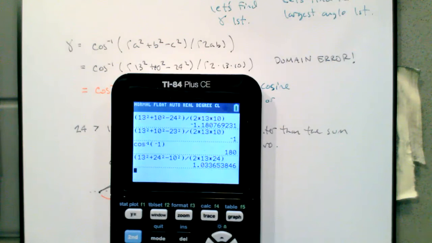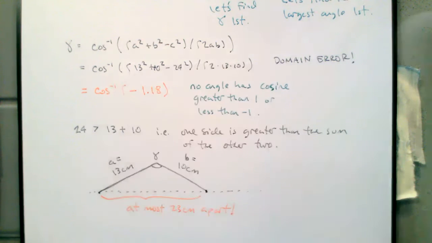We still get a cosine inverse of something greater than 1. So regardless of which you go for, the cosine inverse will tell you that there's a domain error, which means no triangle. The ruling on the field will be no triangle.